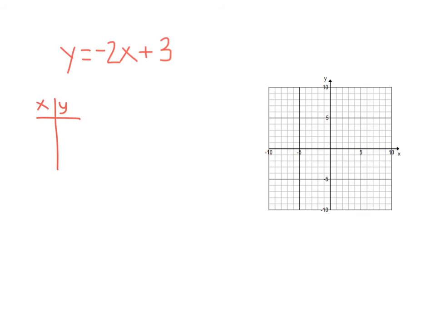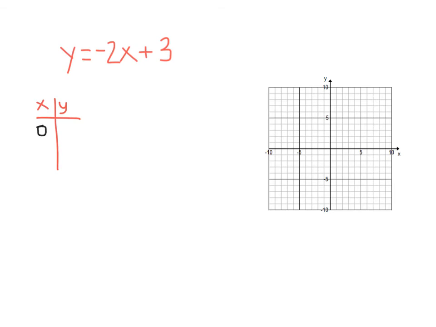So don't stress out if you're like, oh, I don't remember what's m, I don't remember what's b, I don't remember how to plot it, I don't know how to move. Don't worry. Instead, just go ahead and make a table of values and fall back on this process. So, for example, the easiest number for x, in my opinion, is to put a 0 in.